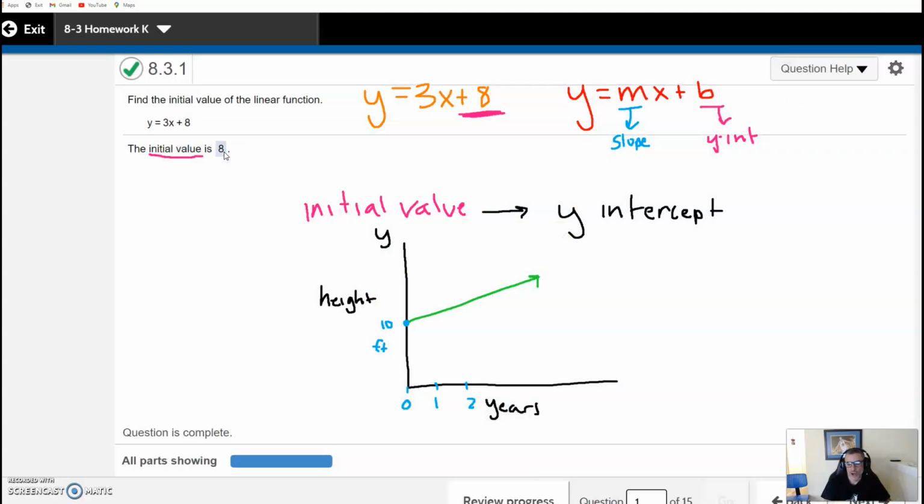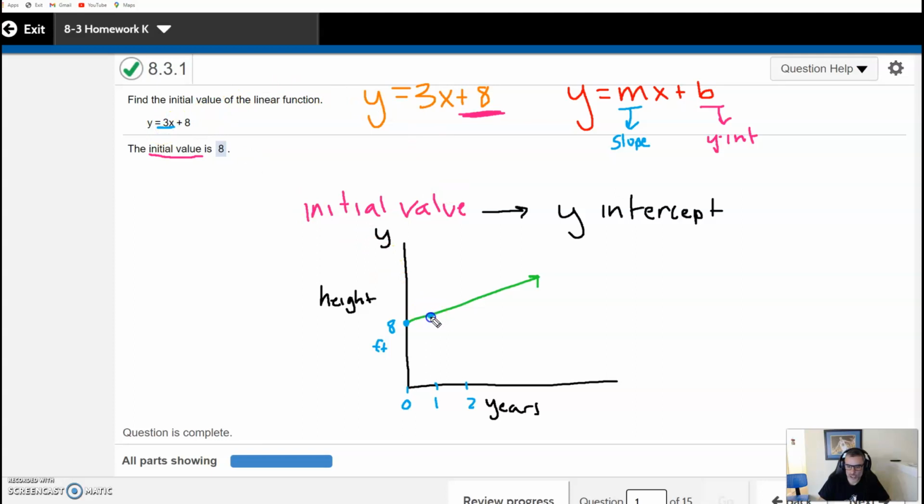Okay, so I'll go ahead and apply this equation to my old tree here. I'm going to erase the 10 and make that an 8. So maybe this equation represents how this tree is growing over time. Initially the tree was 8 feet tall, and after 1 year, it would have grown 3 feet. My slope is 3.